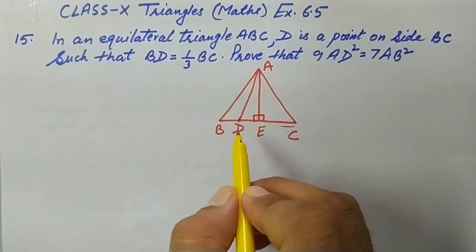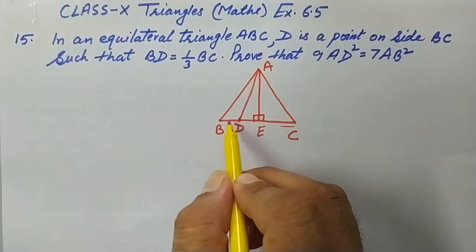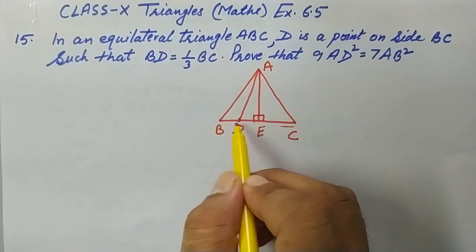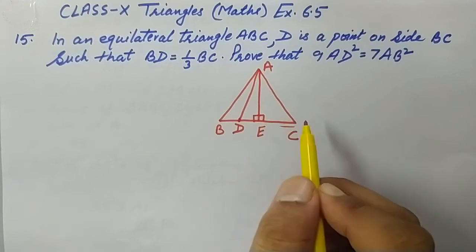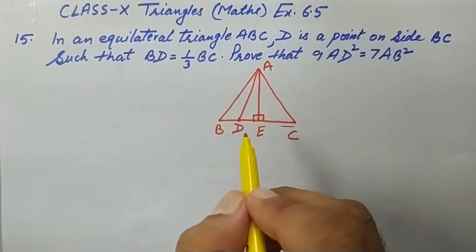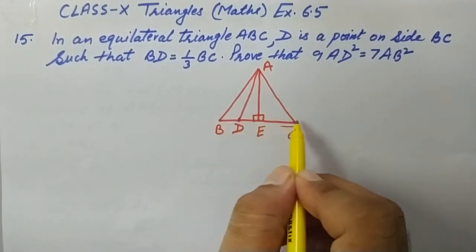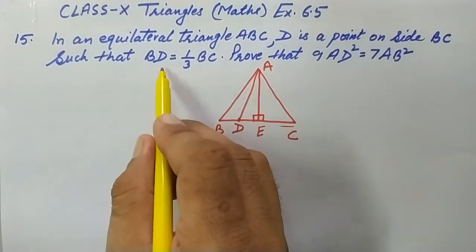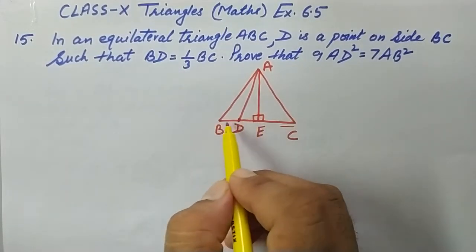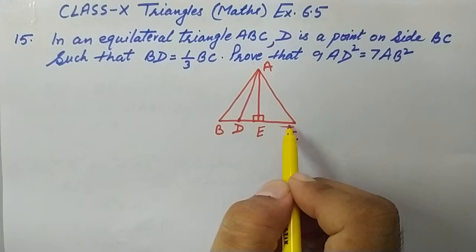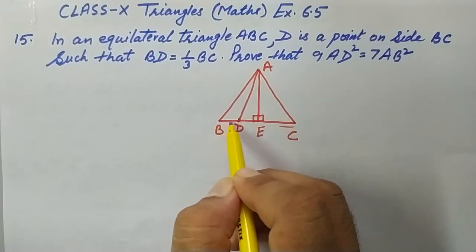Okay, one thing more we will do here. We will find out the relation between BD, DE and BE in terms of BC. Again I repeat, I'll find out the relation between BC and BD, that is already given. Then DE and BC, that we will find out, and BE and BC also.